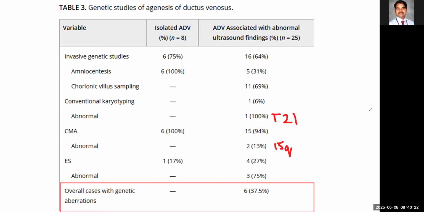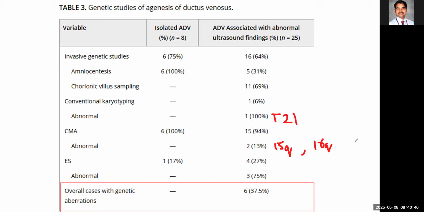16q24.3 microdeletion, sir. Oh, okay. So one was the 15q region and the other was the 16q region. Yes, sir. So it can't be both Prader-Willi and Angelman.